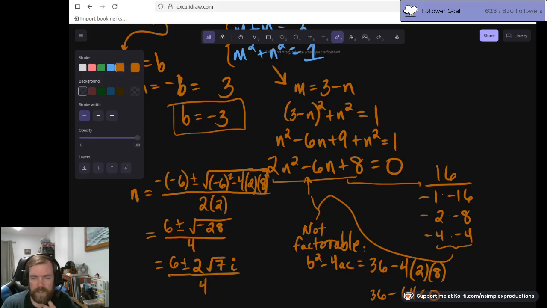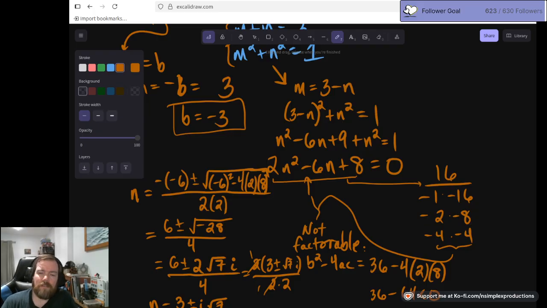Divide all the things by 2, or in other words factor out a 2 from the top: 3 plus or minus root 7 times i, all over 2 times 2. Get rid of the 2's, and we get that n is equal to 3 plus or minus i root 7 all over 2.